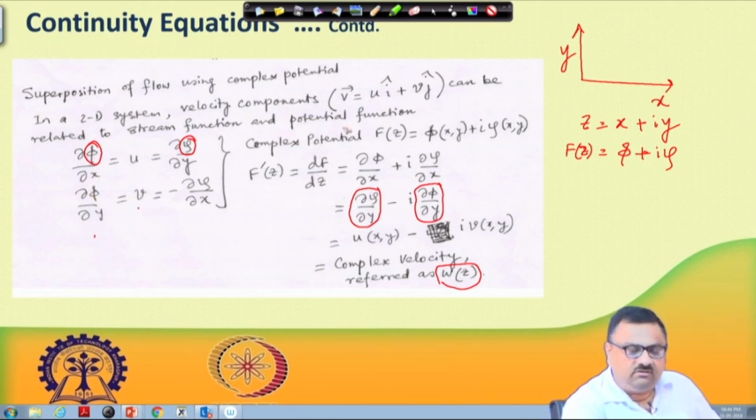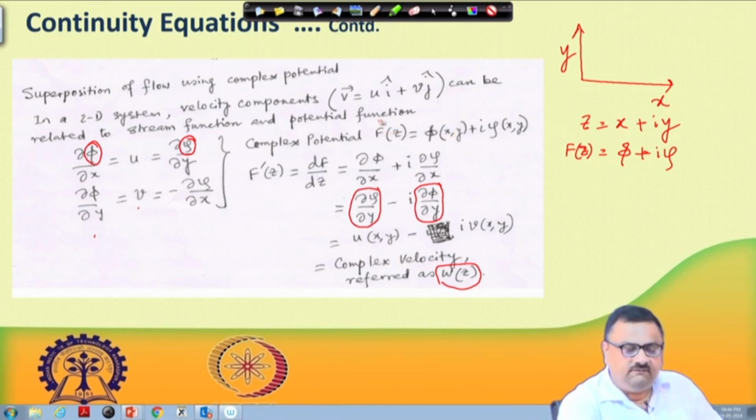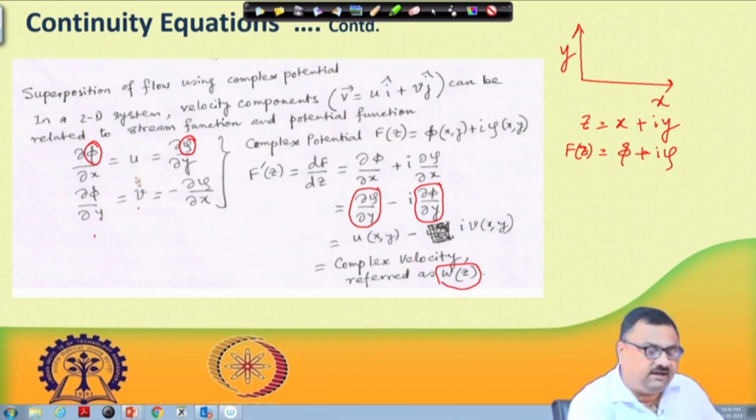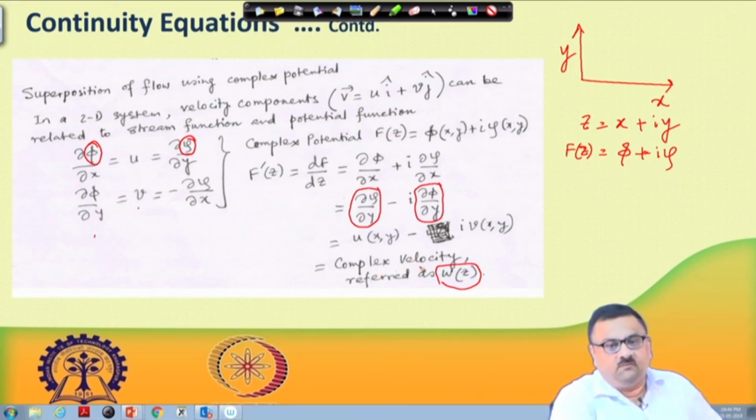Now we are calling it a complex potential, whose real part is phi only. So, when we take a derivative of it, by the same token we should get velocity. When we take a derivative of this complex potential, instead of a real velocity we get a complex velocity, which is referred to here as w as a function of z.